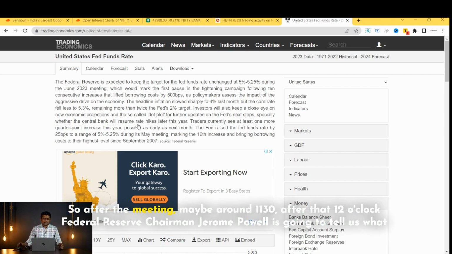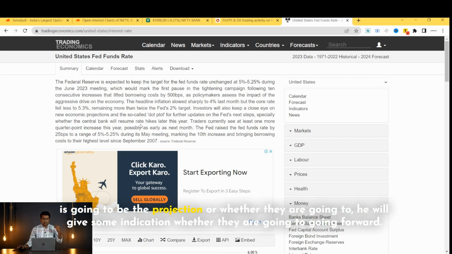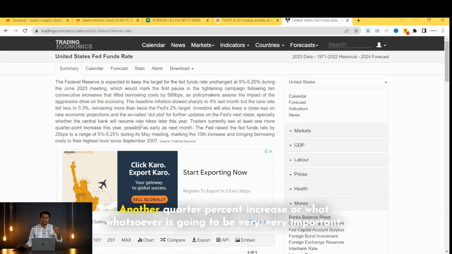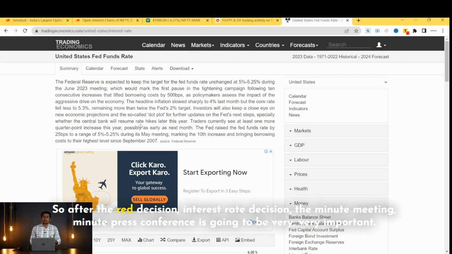After the meeting, around 12 o'clock, Federal Reserve Chairman Jerome Powell is going to give some indication whether they are going forward with another 0.25% increase or not, which will be very important. So after the interest rate decision, the press conference is going to be very important.